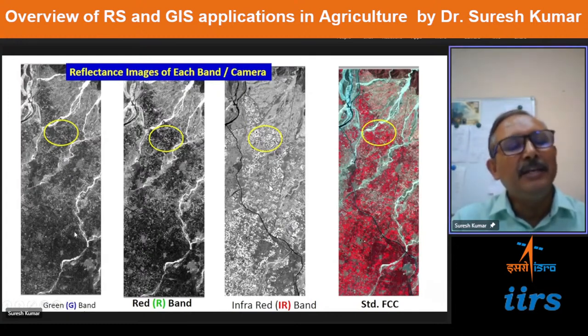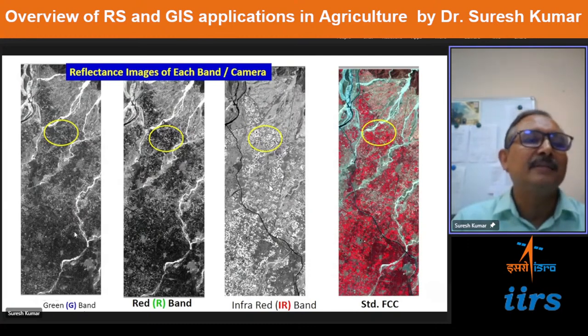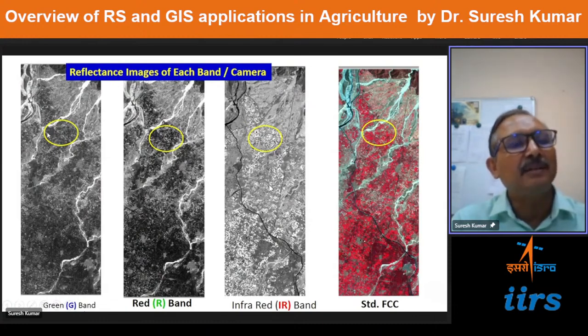It means an individual band image of satellite data will appear black and white, where black means radiation has been absorbed, and white means maximum reflectance. Because of reflectance you are getting white. So where you get black here, the green band radiation got absorbed.